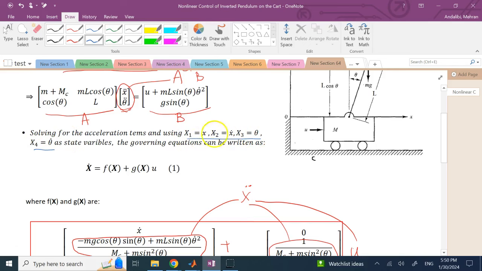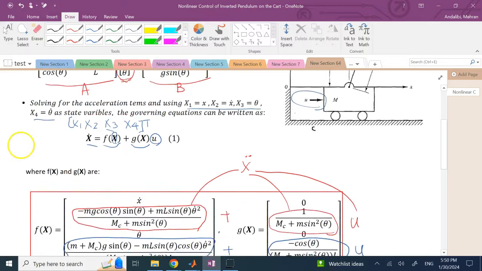If you call these x1 to x4, then vector x, which is basically x1 all the way to x4, you can write its first derivative, x dot, as some nonlinear function f of x plus another nonlinear function g of x times u, which is the input to the system.